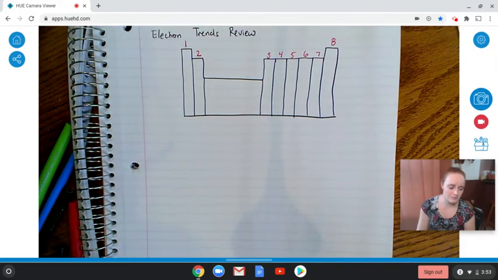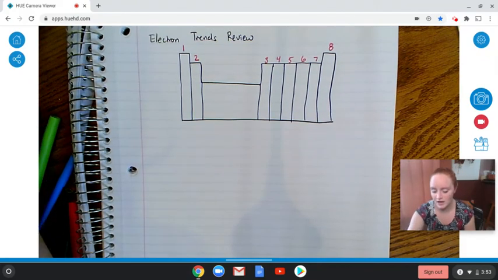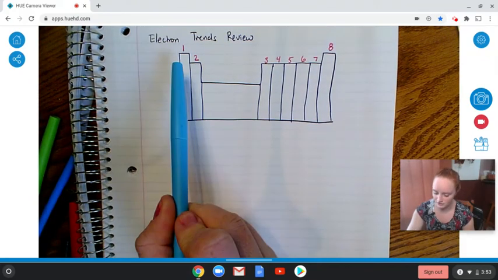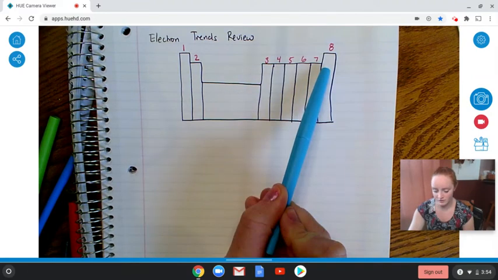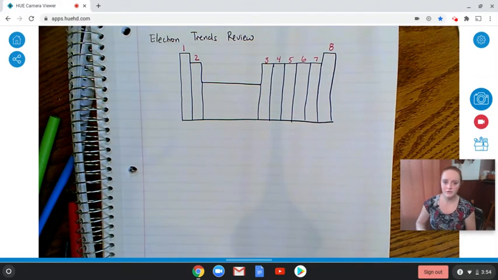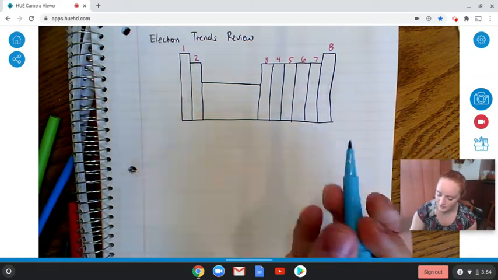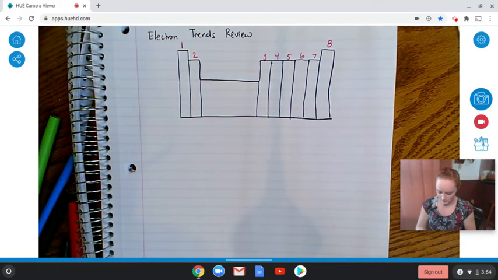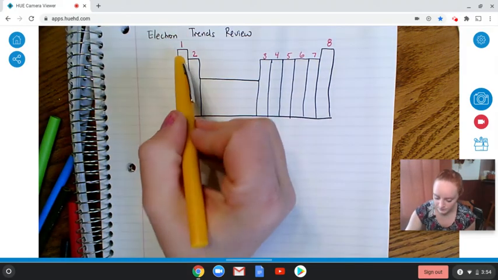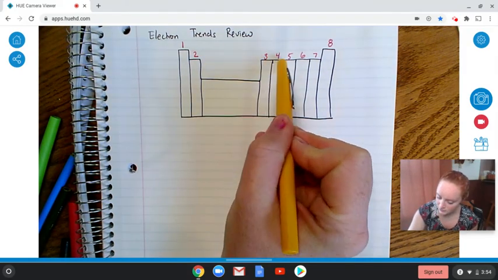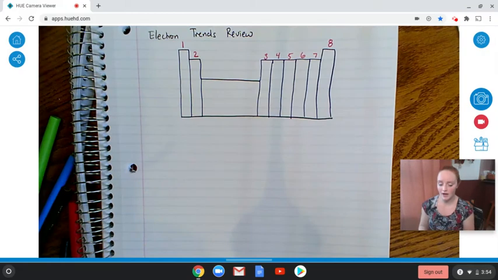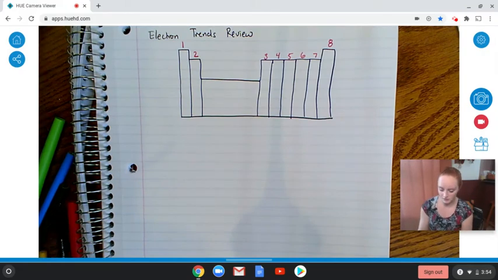Now, within these main block elements, we're going to be looking at how electron trends change in these different columns. So in order to look at these column changes, we're going to look at all of the elements in row 2. Because by looking at an element in row 2, we look at one element in every single column.